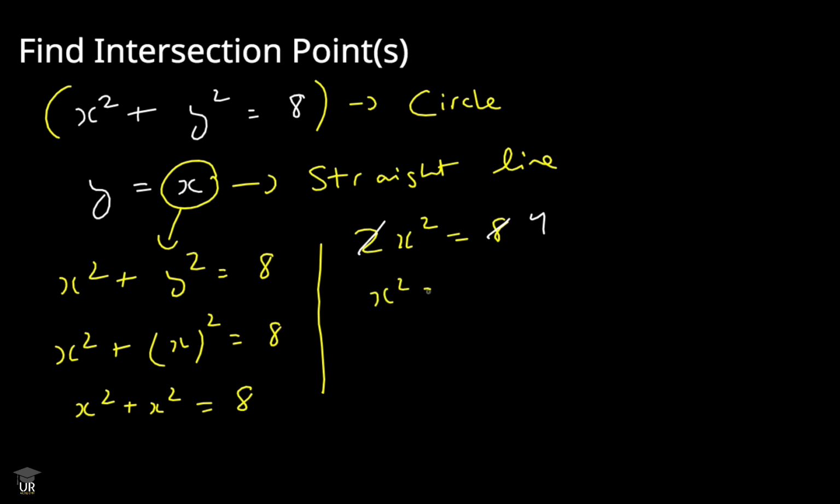So x square is equal to 4, and then I will take the square root on both sides. So my answer is going to be plus minus 2. So one point we have is x is equal to 2, and the other point is x is equal to minus 2.